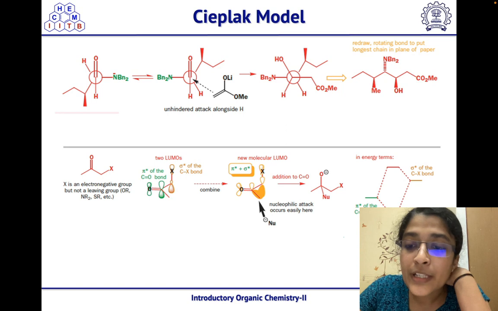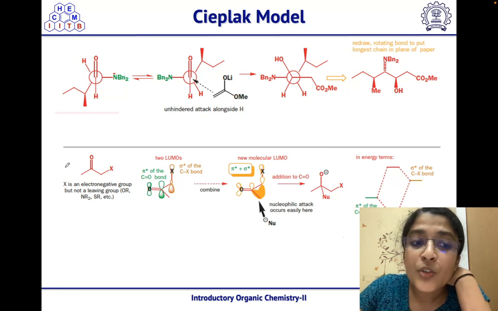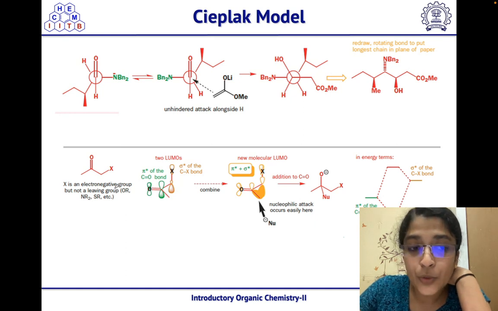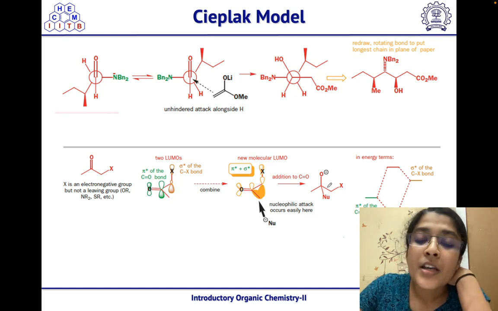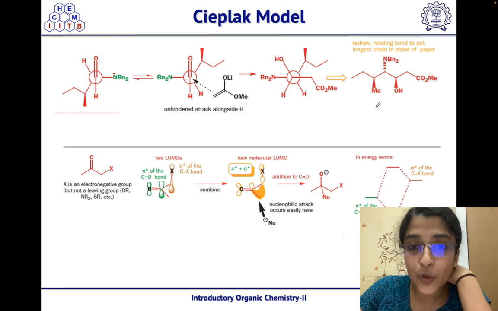Here the bonding orbital is pi star plus sigma star. It is lower in energy. When the LUMO is lower in energy, it will be more reactive. So this species will be more reactive compared to normal carbonyl groups. So here nucleophilic attack, as we have seen, will take place on this combined orbital, and it will result in formation of the product.